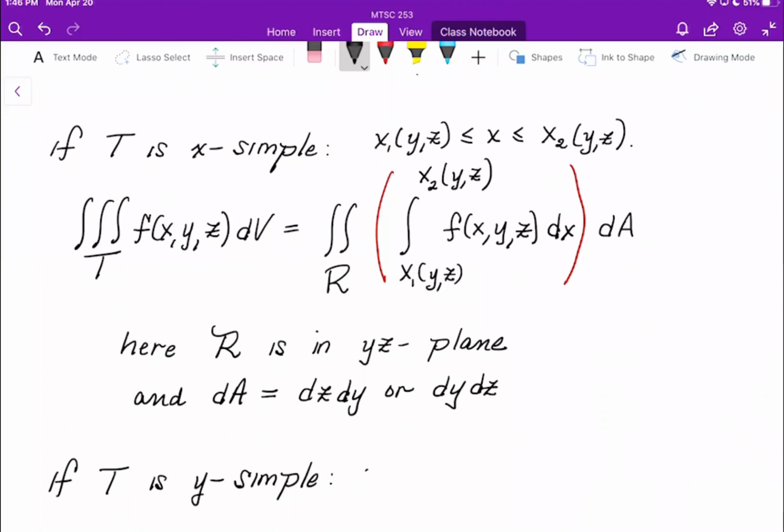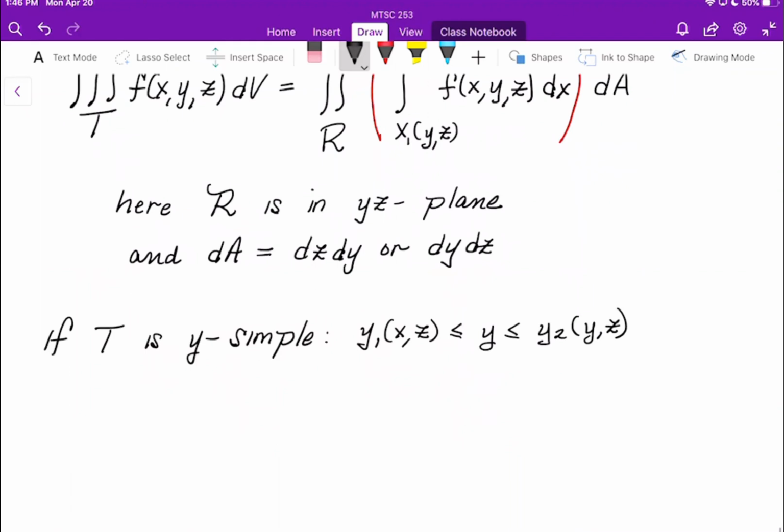So this is now going to be y1 of xz less than or equal to y, which is less than or equal to y2 of xz. So I'm going to get the triple integral over T of f of x, y, z dV.